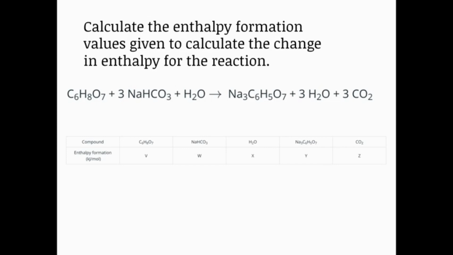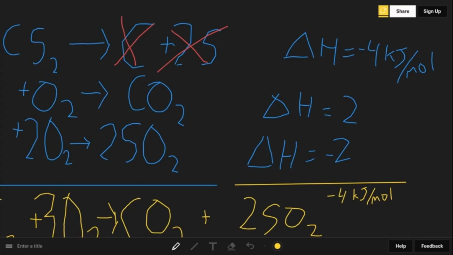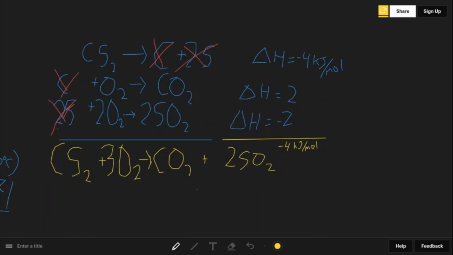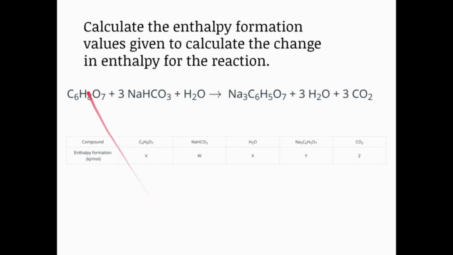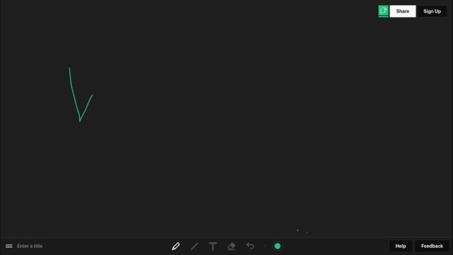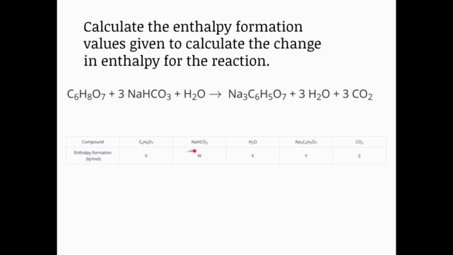So in this one, we have C6H8O7, and this table tells us that its specific enthalpy is V. So let's put V. Then we have 3 times sodium bicarbonate, I believe.